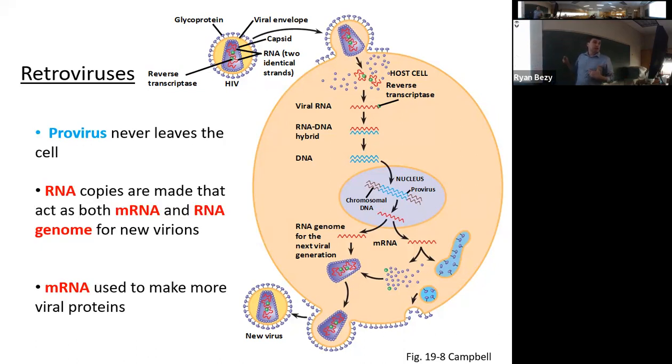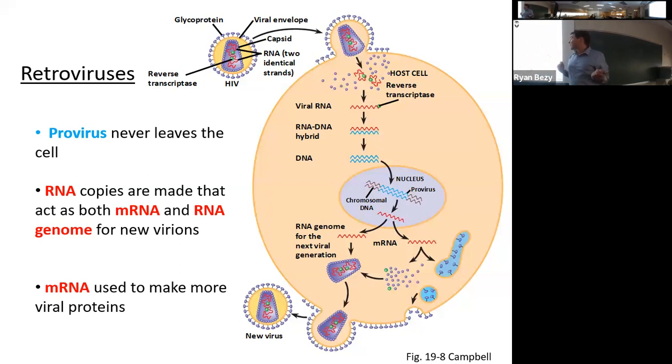Instead, what happens is it's copied into an RNA copy. So RNA copies are made off of that provirus sequence. Those RNA copies then act both as messenger RNAs to make viral proteins, but also as RNA genomes for the next viral generation, for new virions.